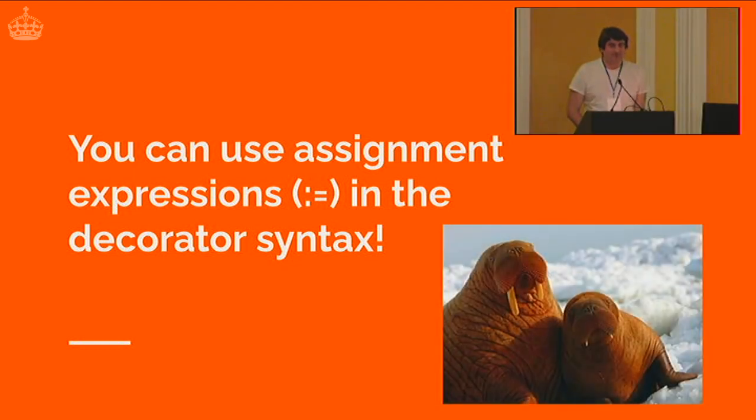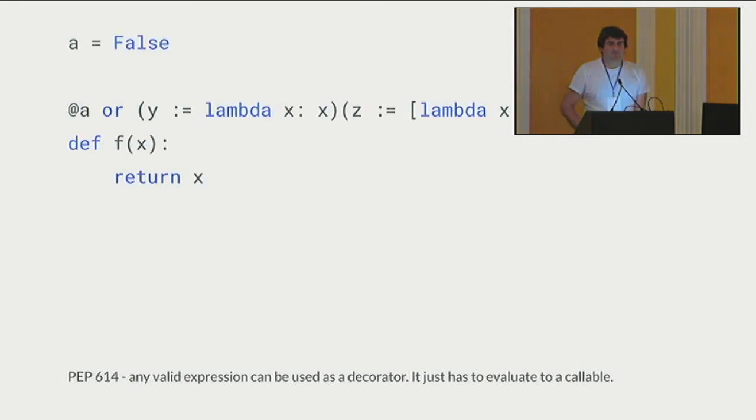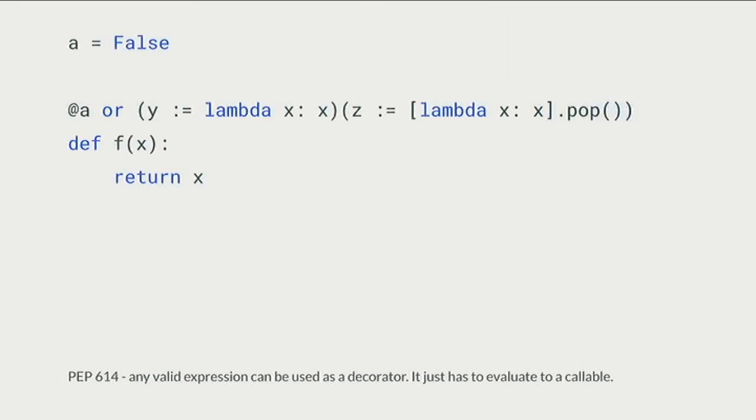So let's have a look at a nice, friendly walrus operator. I should say, this isn't great Python code, so if you decide that you really, really dislike your colleagues, start writing some code like this. So this looks like a mess, and you can maybe figure out what's going on here, but obviously that A is false, so we refer to the value on the right-hand side of the OR, and we just call it.